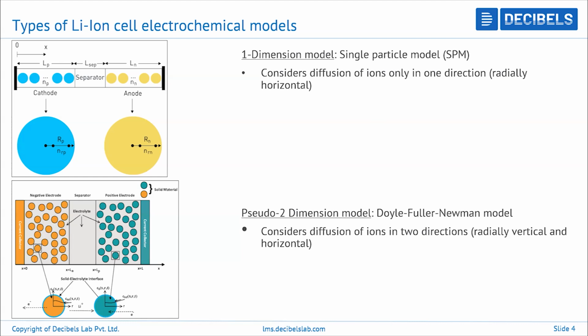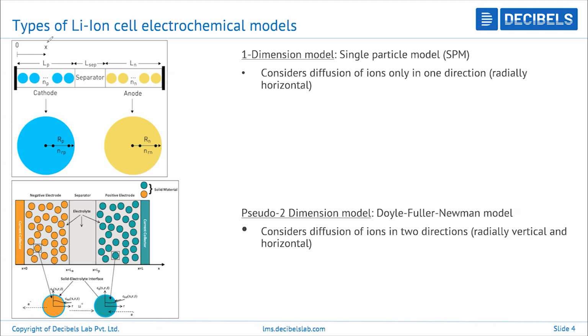Ions will undergo certain processes, and they happen in many different directions, many different dimensions. If you take an actual lithium ion cell, it happens in three dimensions, right? X, Y, and Z. But in the case of the one dimension model, we are simplifying it purely to this X direction.